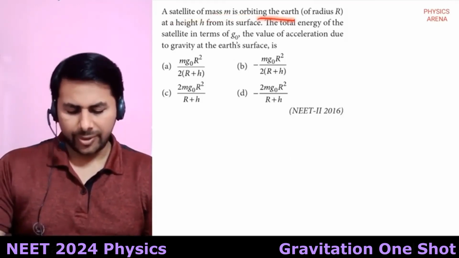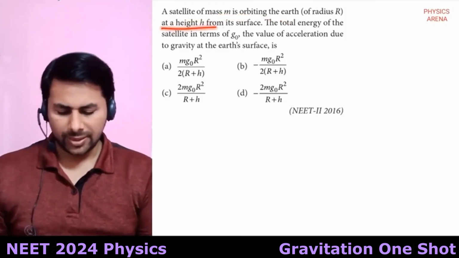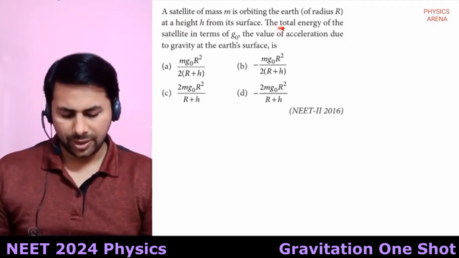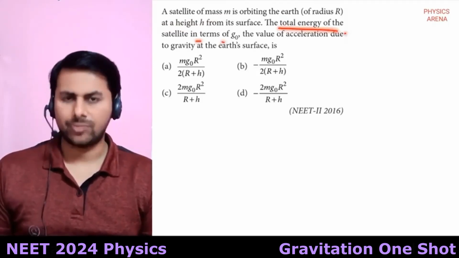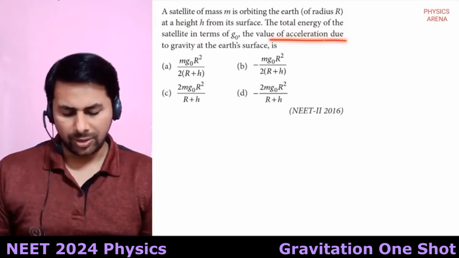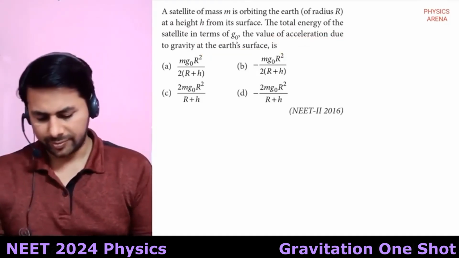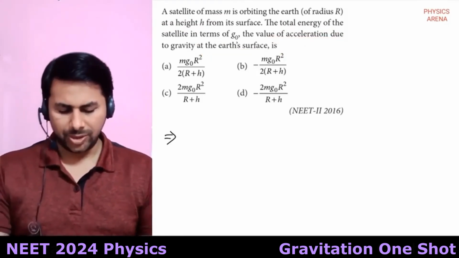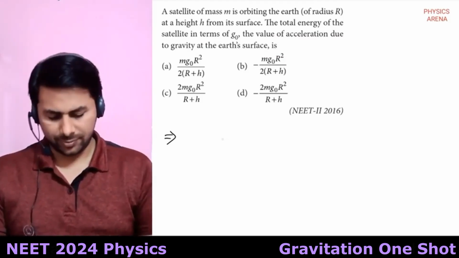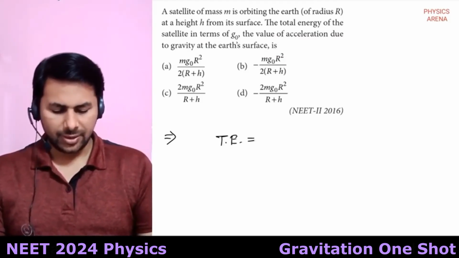A satellite of mass m is orbiting the Earth at height h from its surface. The total energy of the satellite, in terms of g naught, the value of acceleration due to gravity at Earth's surface, is? Tell me, how much is the total energy of a satellite?